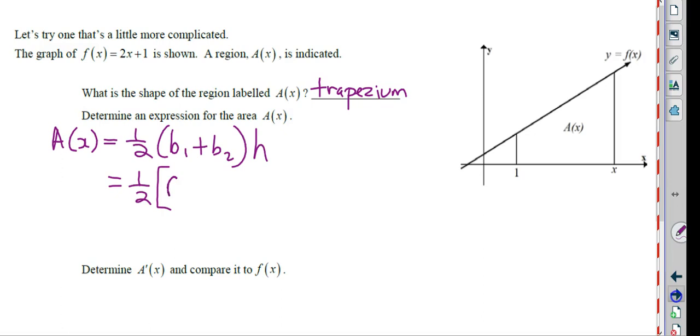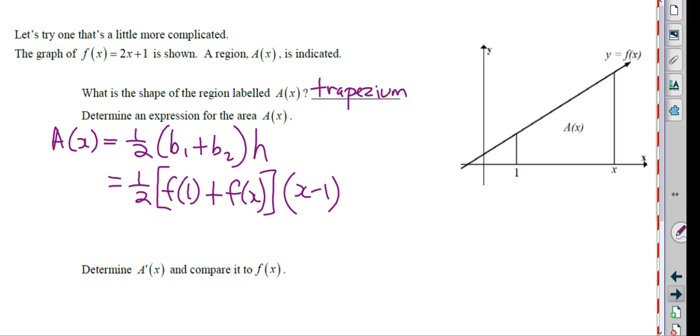What's b2? f of x. And what's the h? x minus 1. H is the distance between the parallel lines, right? Okay, so x minus 1.